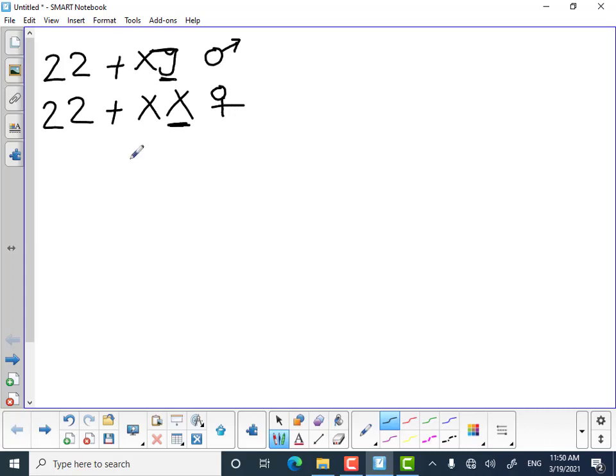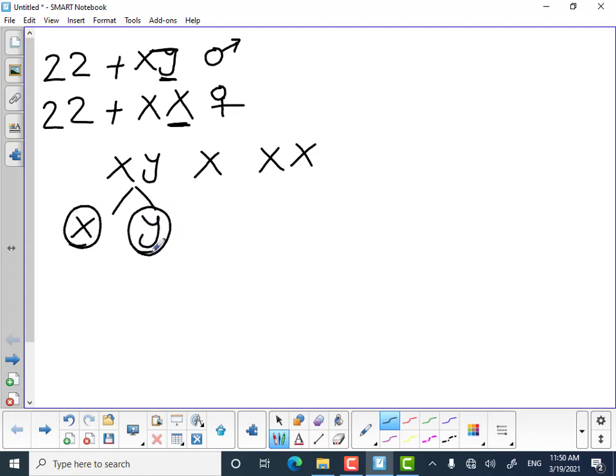For example, if a male XY is mating or crossing with a female XX, what are the probabilities we have? The man will give maybe gametes X or Y. And the female doesn't have many probabilities.